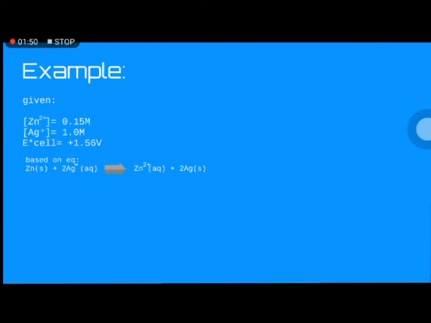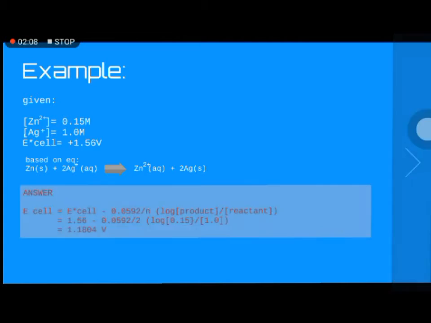Given by the question is the concentration of zinc ion and concentration of silver ion and the standard potential for the galvanic cell. And then based on the overall equation that we did together just now, let's see what the answer is. Just substitute the number and the concentration of reactant and product in the equation.